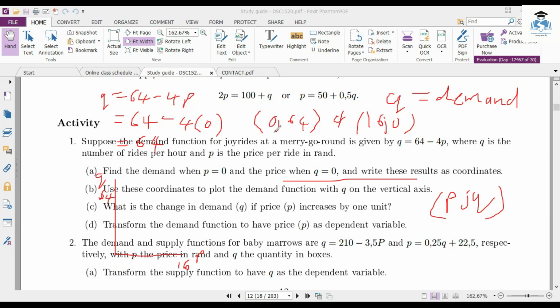When P is 0, then Q is 64 here. Then when P is 16, then it's here. So you just draw it like this. That's the graph that they want you to draw.